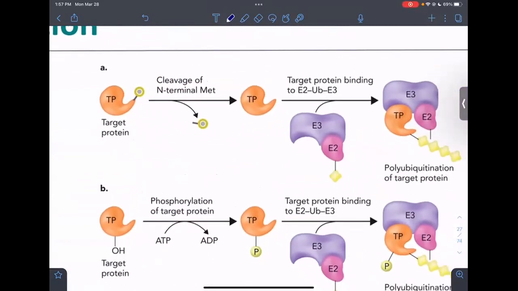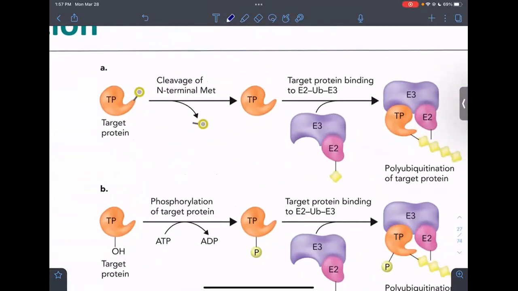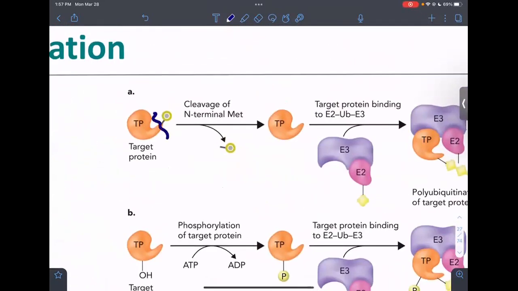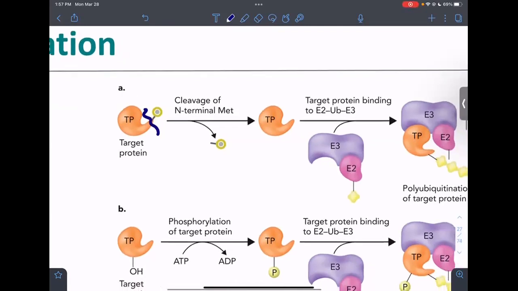And half of them are dependent upon the target molecule, and the other half are dependent upon the E3 ligase. So typically we look at the target, and if the target protein loses its N-terminal methionine residue, then that is a protein that needs to be degraded. And so that target protein is going to be delivered to E3, ubiquitinated, and then destroyed.